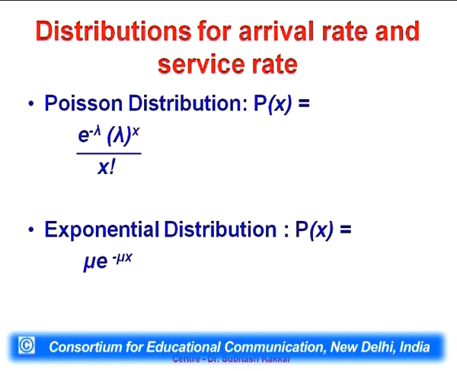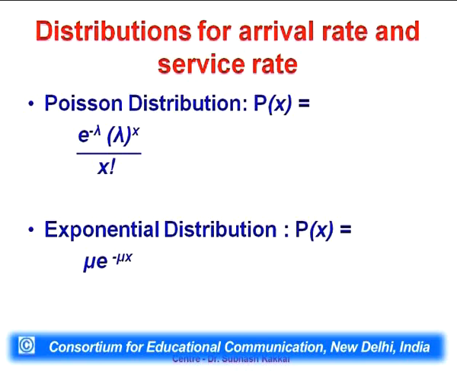Lambda is the average arrival rate. Now, suppose we stand outside the gate of our institute and we keep on noting the number of cars which pass through that gate in 1 minute, and if we take the average value, that average value is given by lambda. Let us assume in our hypothetical case that this average is 10 cars per hour.